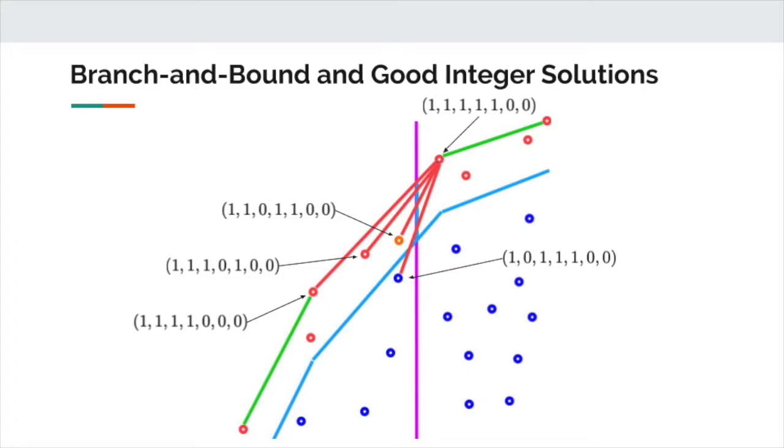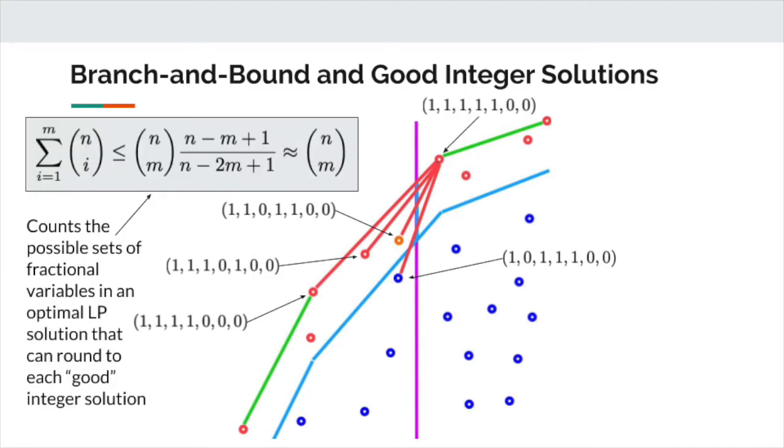That's in this case because for a single constraint knapsack, there can be at most 1 fractional variable in an LP optimal solution. But for an M constraint knapsack, there could be up to m fractional variables in an LP optimal solution. And so the number of possible sets of fractional variables in an optimal LP solution that can round to a single good 0, 1 solution is at most n choose m, all right?